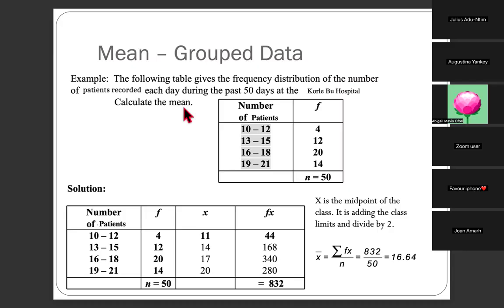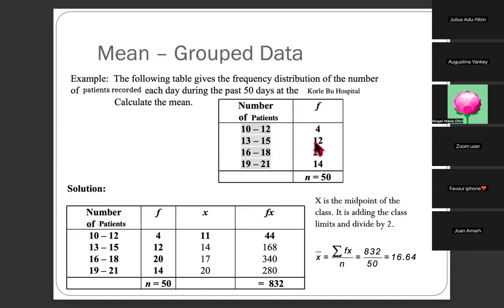So in the past 50 days, we recorded 10 to 12 patients on 4 days. The number of patients from 10 to 12 came in 4 days. So it means 4 out of the 50 days, we recorded 10 to 12 patients.